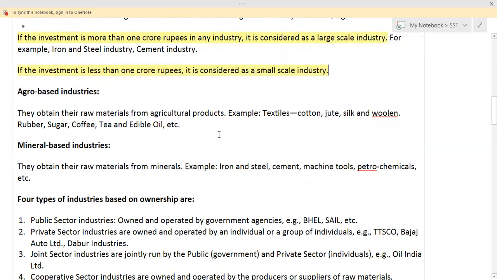Agro-based industries obtain their raw material from agricultural products.